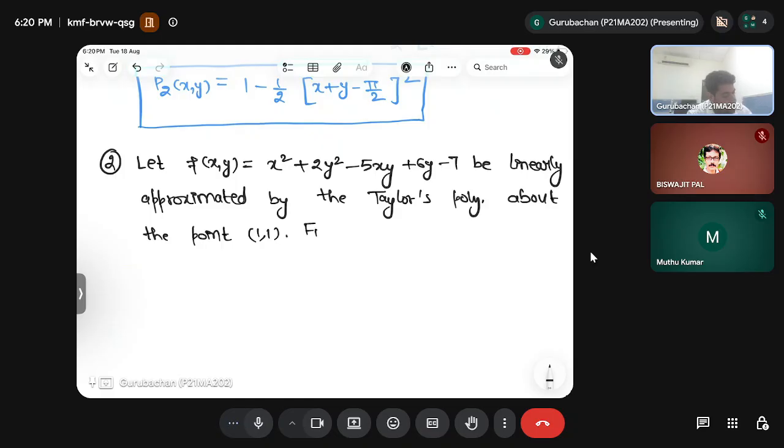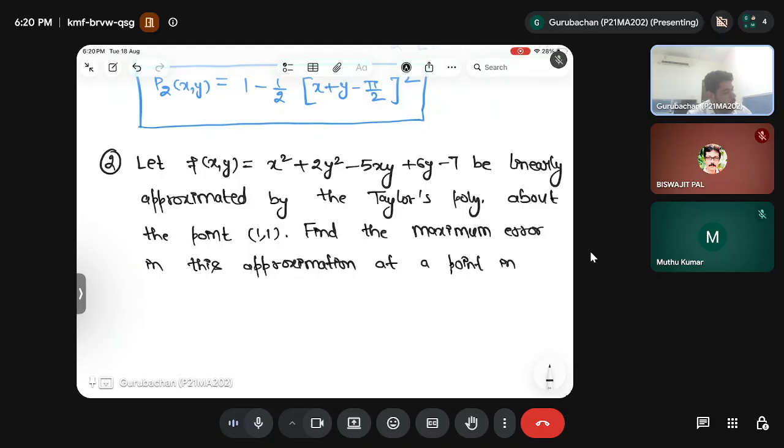Now find the maximum error in this approximation at a point in the square.